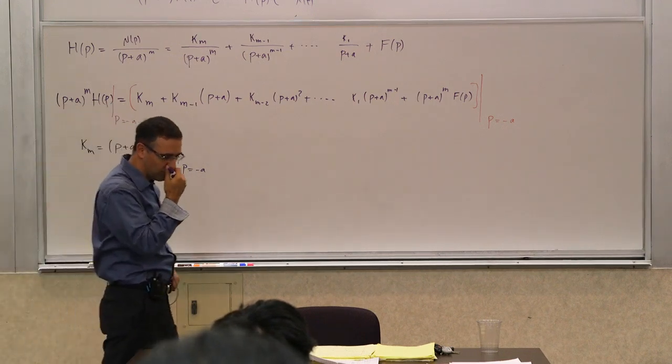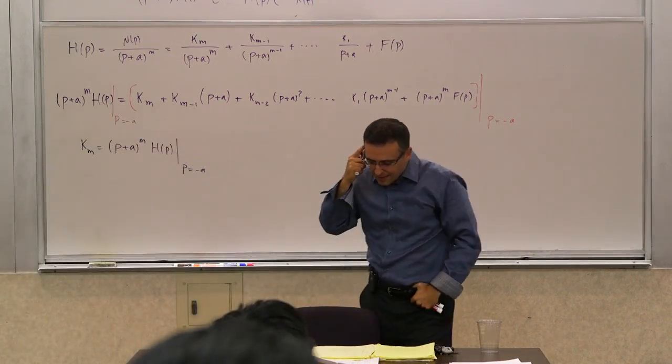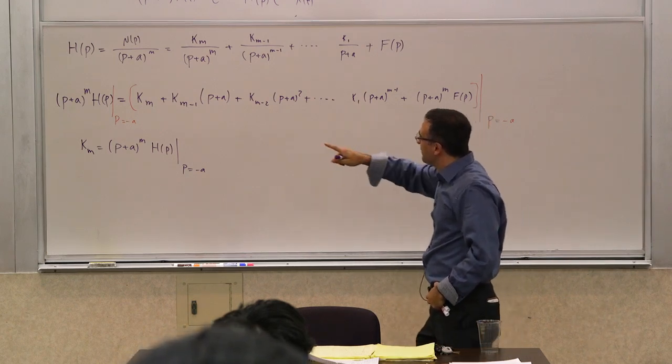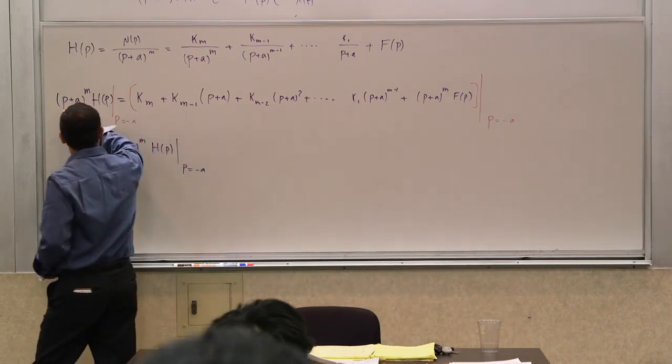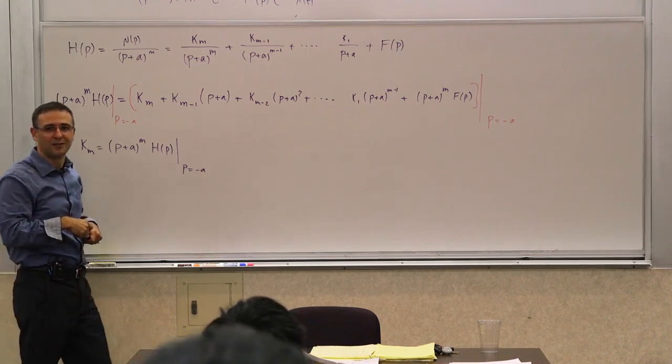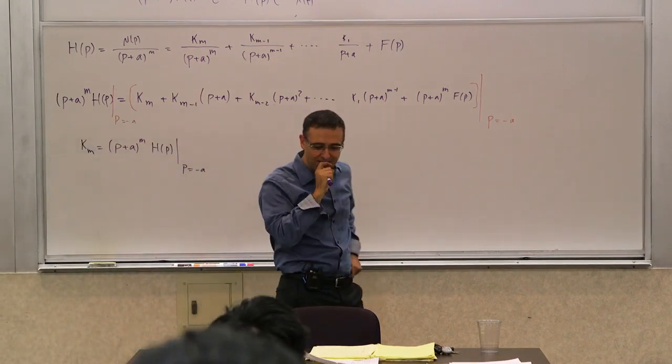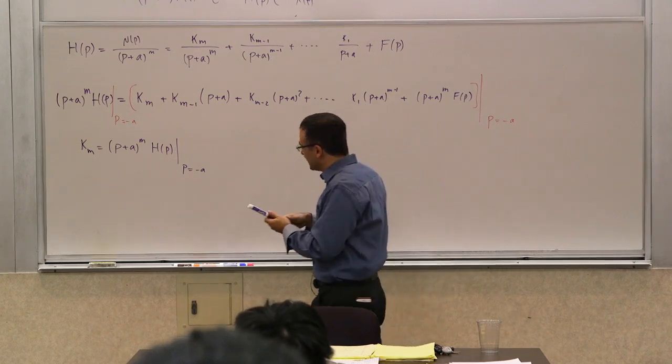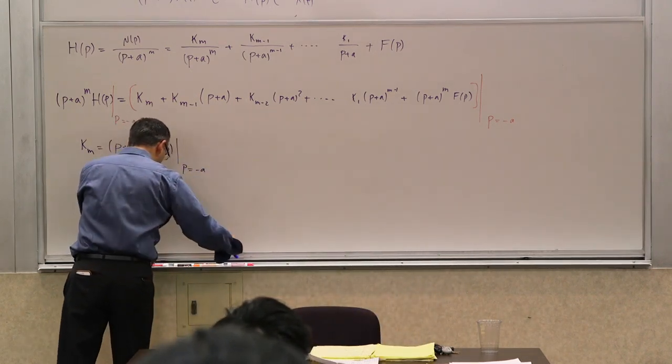The alternative way is interesting, because think about what happens if, before I just do this evaluation, I calculate the derivative of this thing with respect to p. Let's write it in a different color.